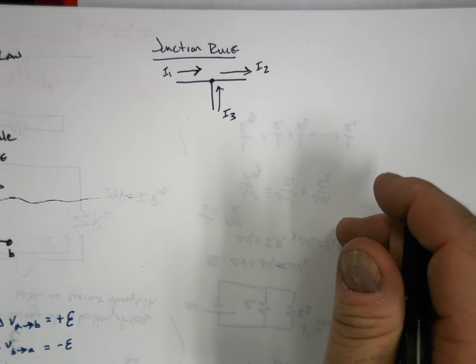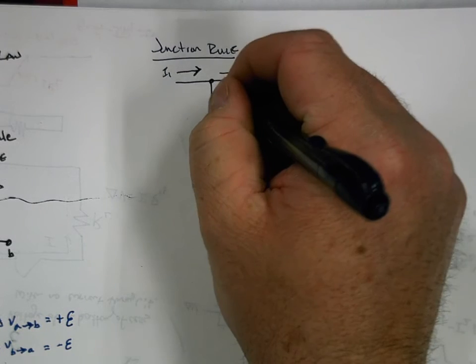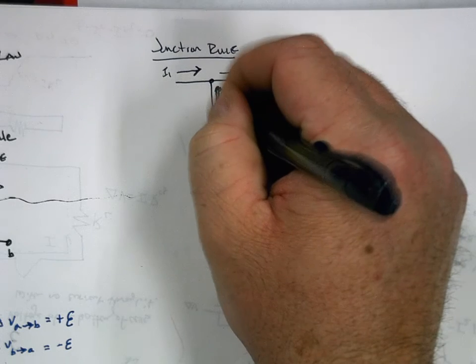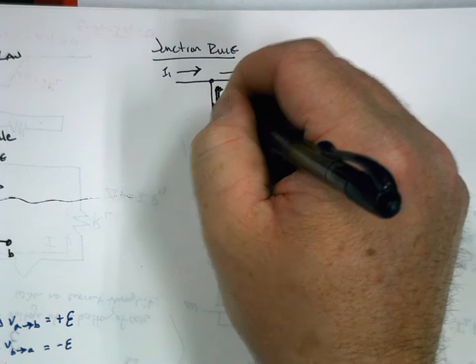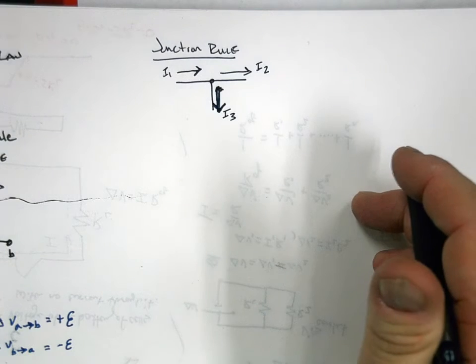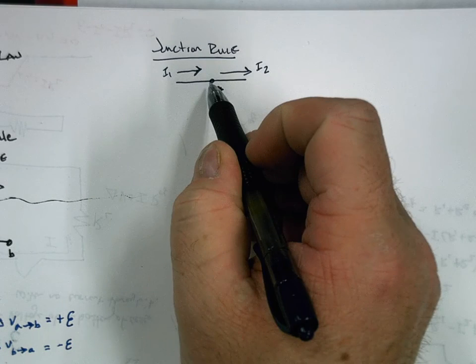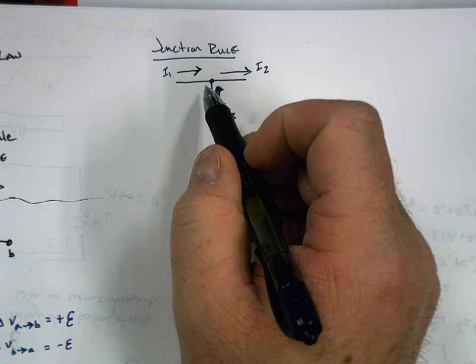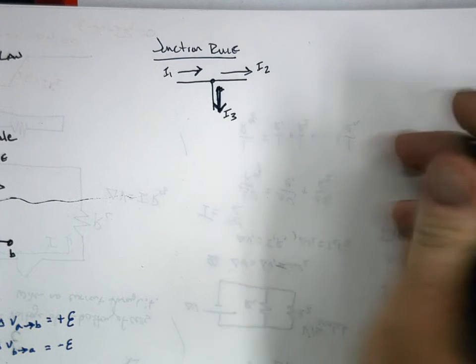I want to reverse the direction of I3. It's going to illustrate better. Sorry, guys. The current that flows into a junction is equal to the current that flows out of a junction.